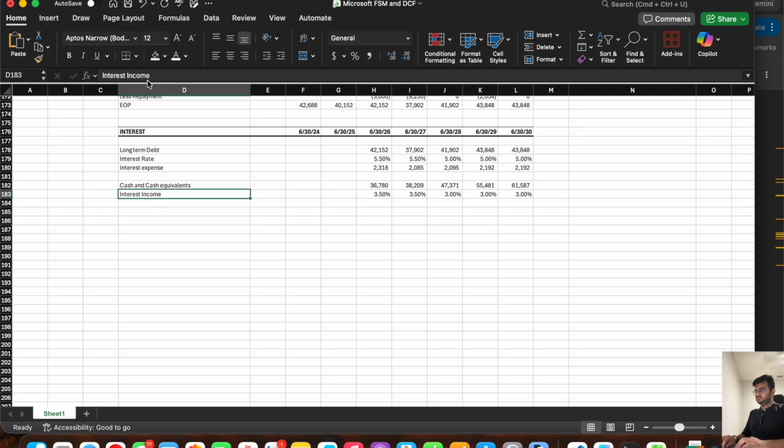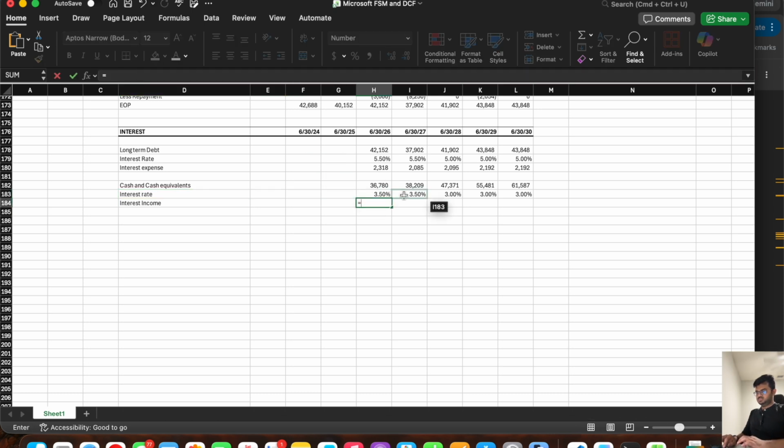I will put this is not income, this is interest rate. And then this is the rate. So now this number multiplied with this number, we will get a value.